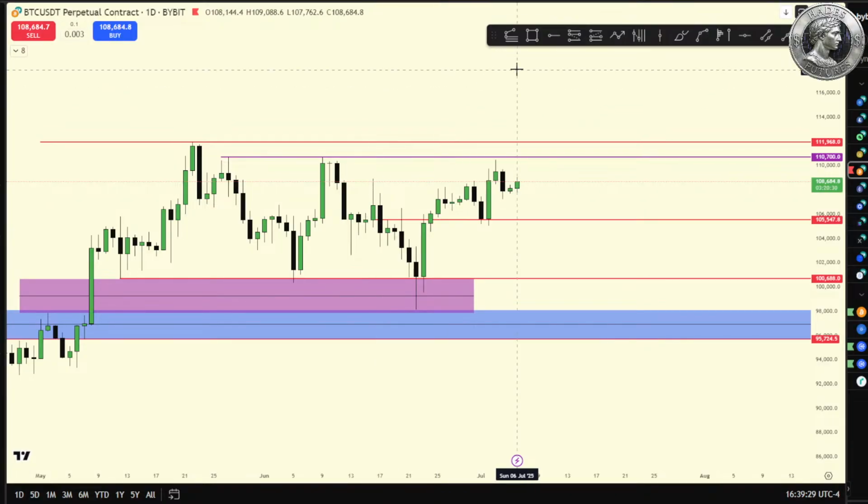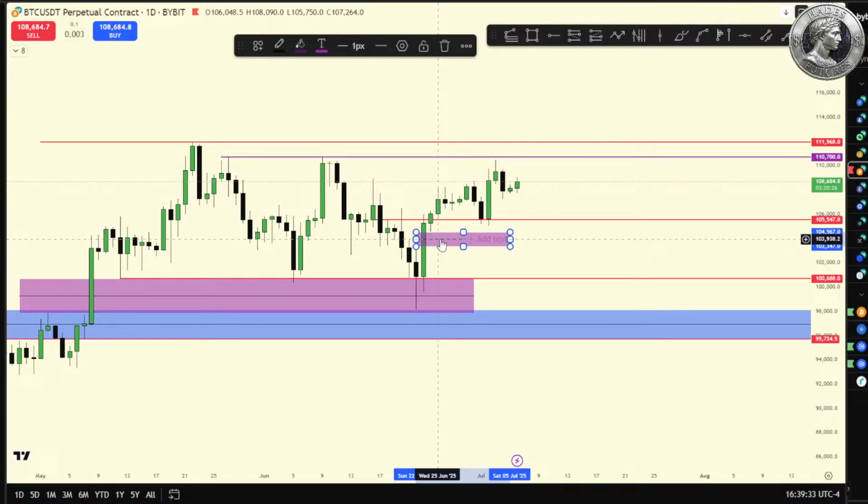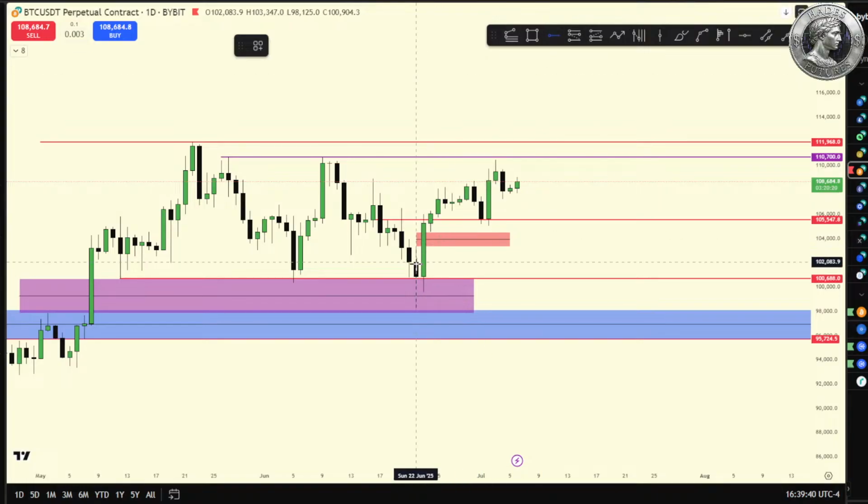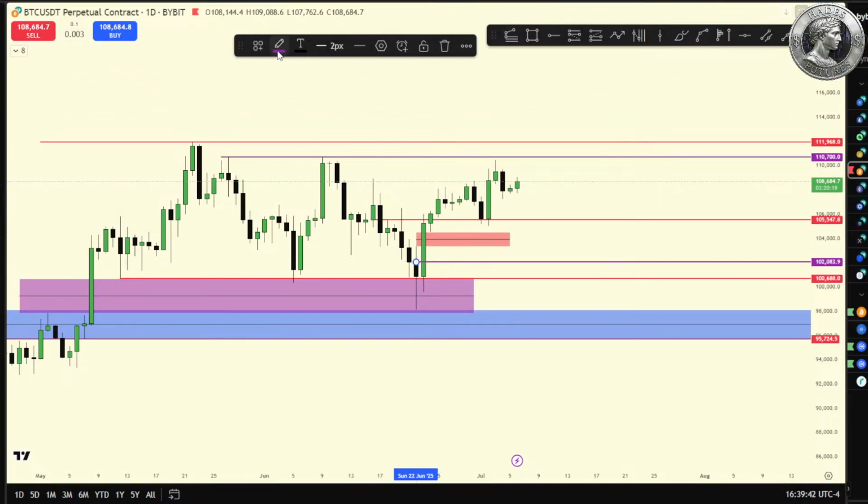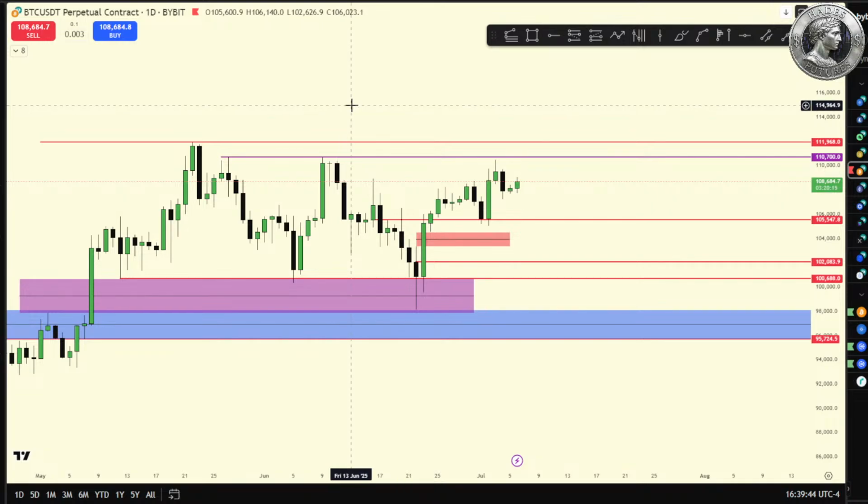I mean, we have very nice structure. You see, after the liquidity sweep, we have this order block here on the daily. We have a fair value gap. We have nice break of the high here.